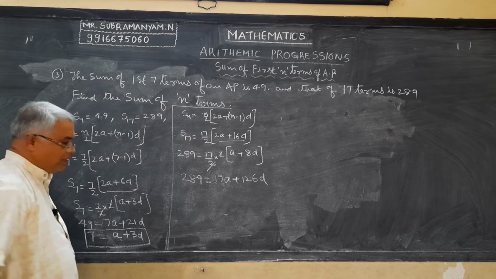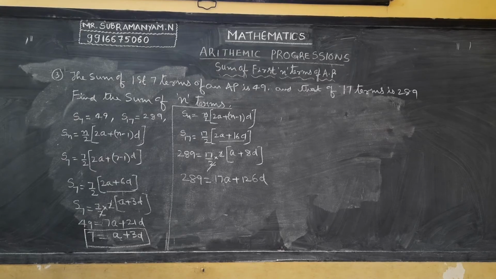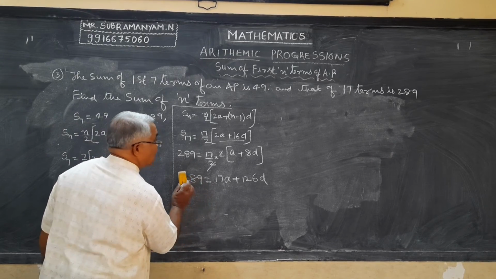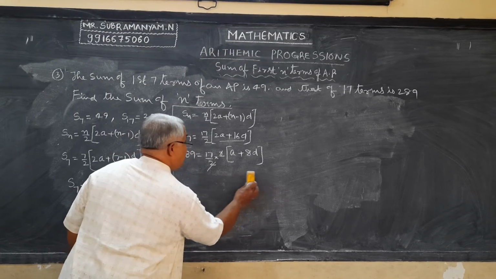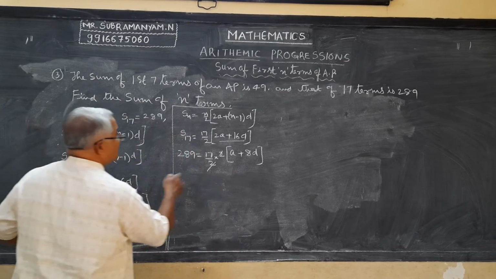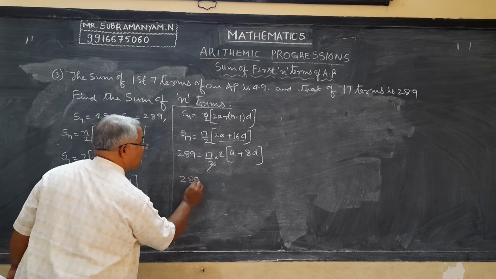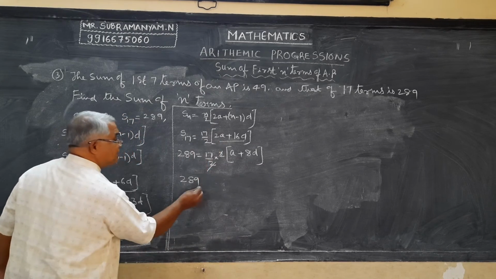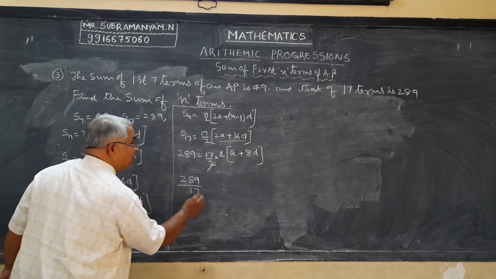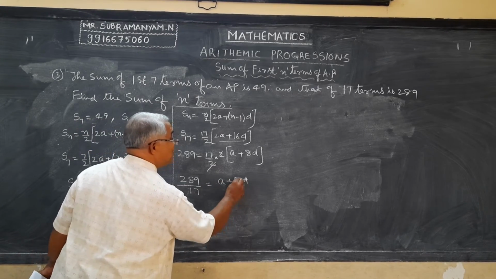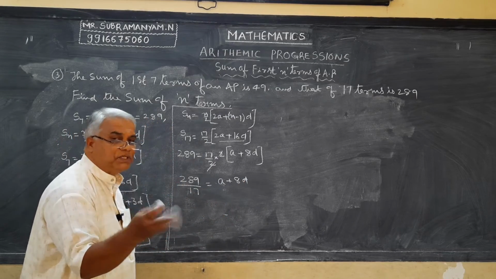Yes, you can find common, or what you can do, one step here, instead of multiplying, you can do the other way also. Instead of taking common, 289 is there, no? Into 17, transfer this side, it will become divided by 17, equal to a plus 8d. So taking common, that step is avoided.